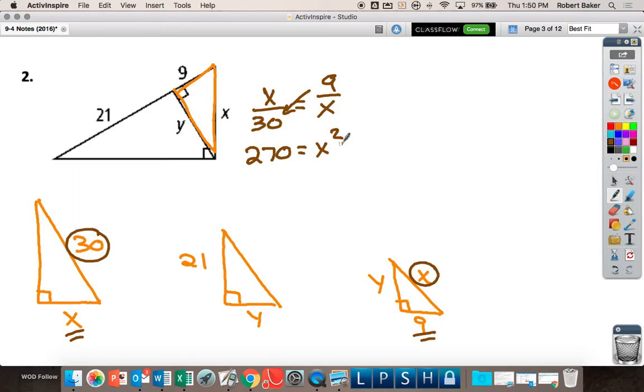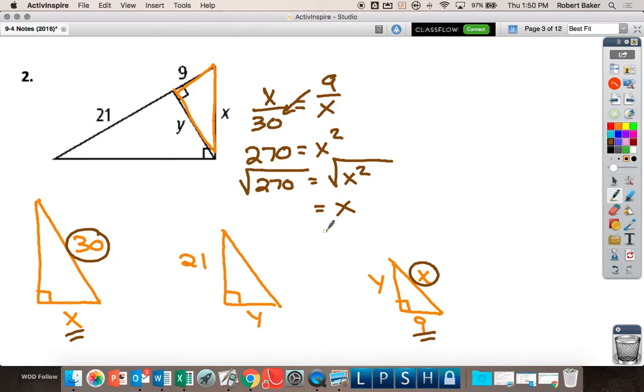By doing the square root. So I have to do the square root of 270, and the square root of X squared. These two things cancel each other out, and you get X.